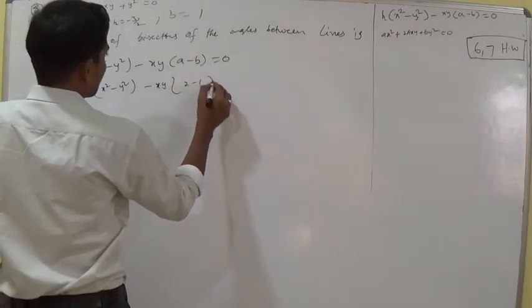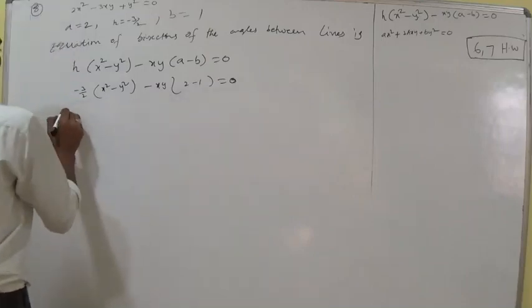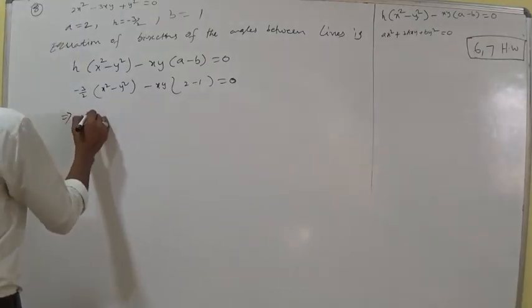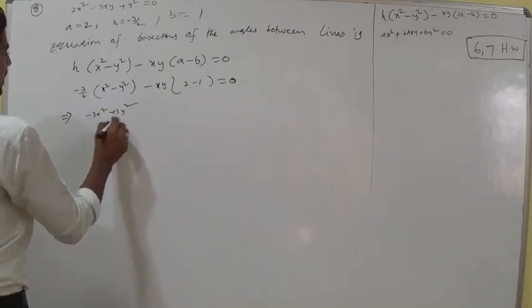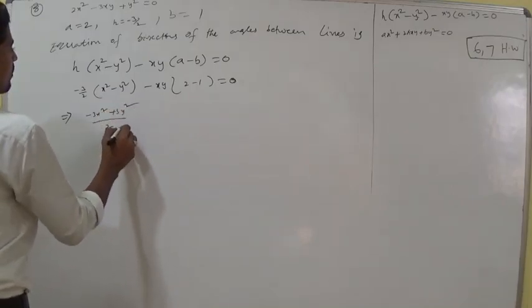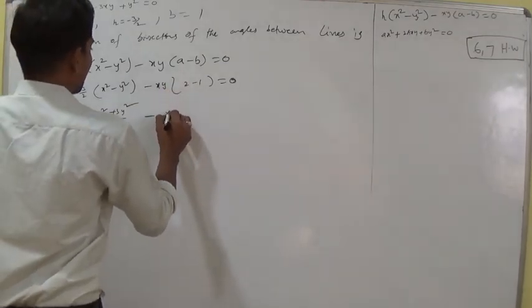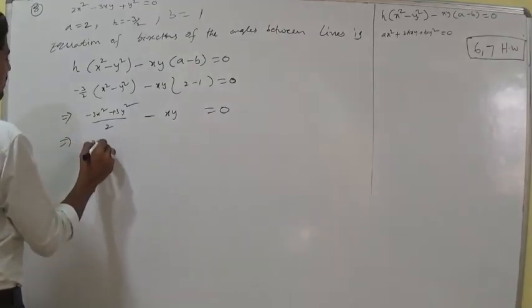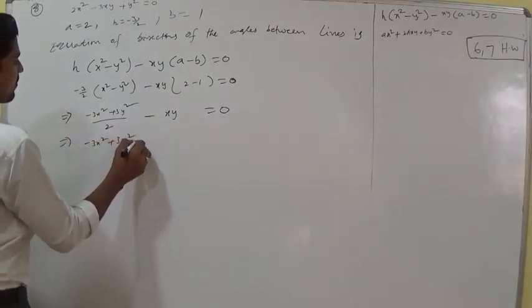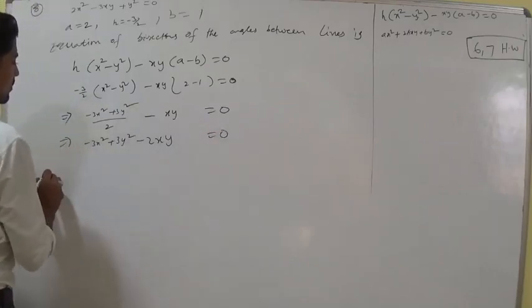So 2 minus 1 is equal to 0. That implies minus 3x square plus 3y square by 2 minus xy equal to 0, which becomes minus 3x square plus 3y square minus 2xy is equal to 0.